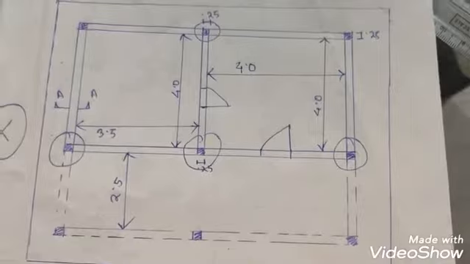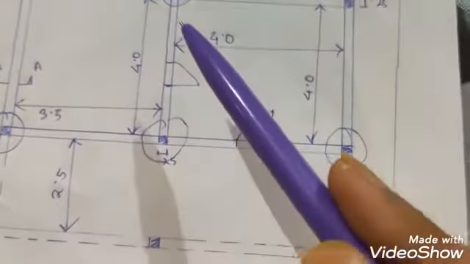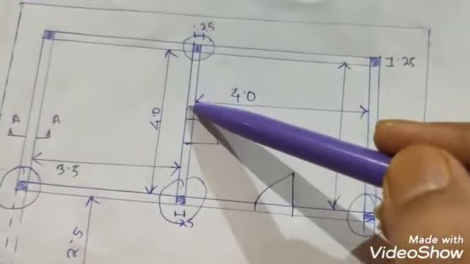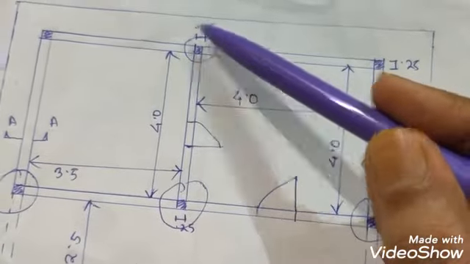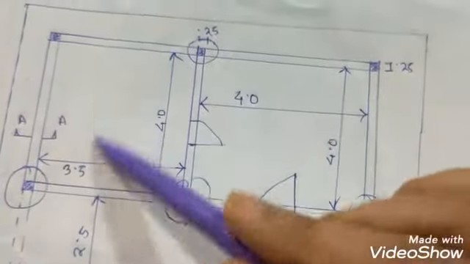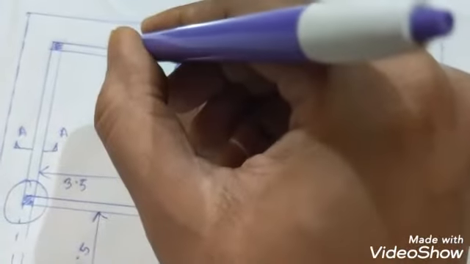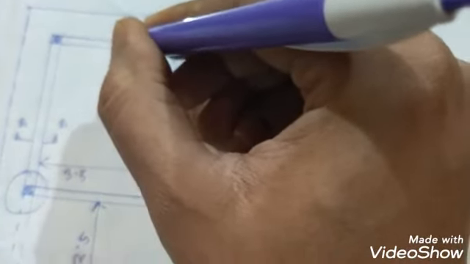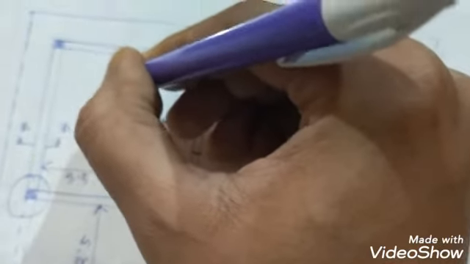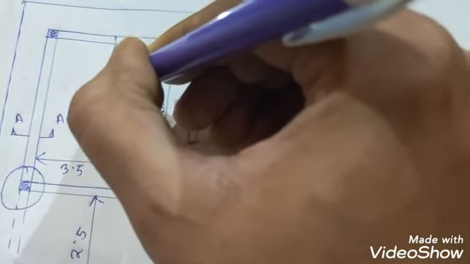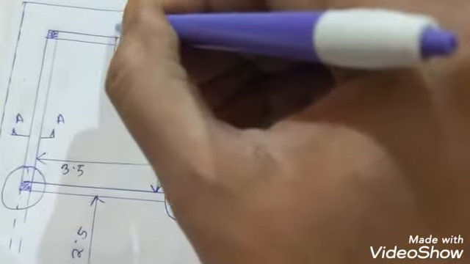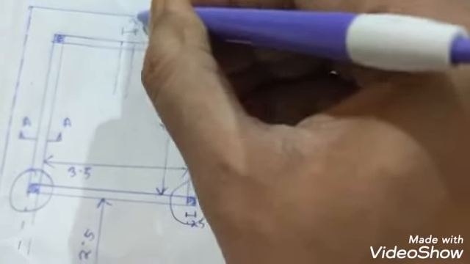In the rooms also, the thickness of the walls, as you can see, is given as 0.25. All the walls are of 0.25 meter thickness in the rooms. So suppose there is another partition wall like this, I am just giving you an example, of suppose 30 centimeter thickness.